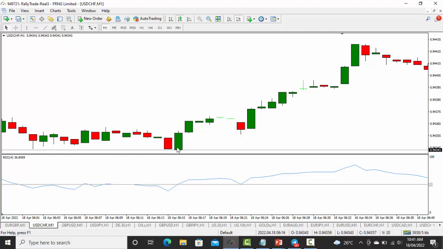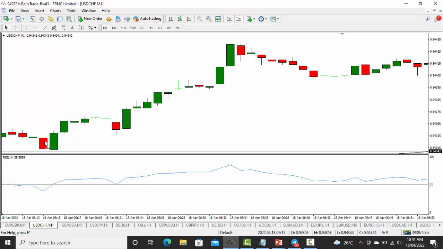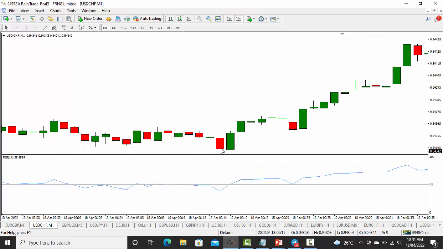Let's take a very close look at this particular green candle. The low of this particular red candle is found inside this green candle, and the high of this red candle is also found within the body of this green candle. So in other words, the green candle is able to successfully cover the red candle. That's the meaning of the engulf.